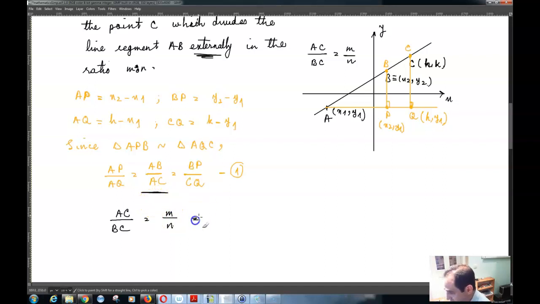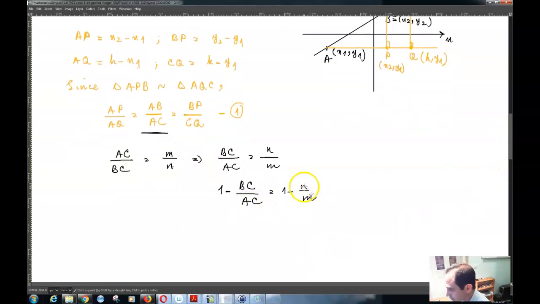What that means is that I can write BC to AC is equal to N to M. And then I can write 1 minus BC to AC is equal to 1 minus N to M. This is something that is usually done in geometry: you subtract a 1 from, or add a 1 to, a fraction containing two sides of a triangle in order to achieve something specific.